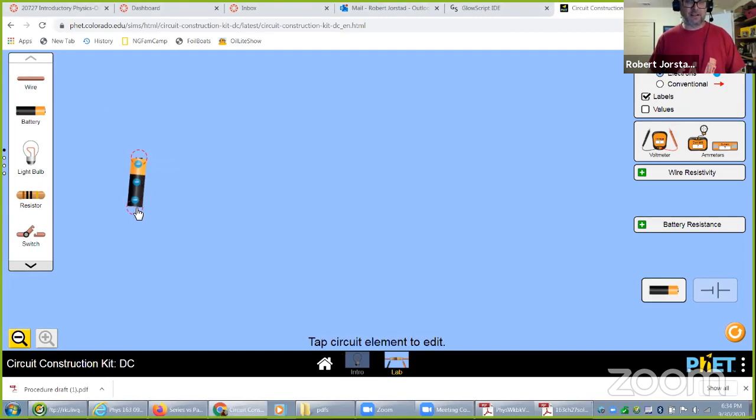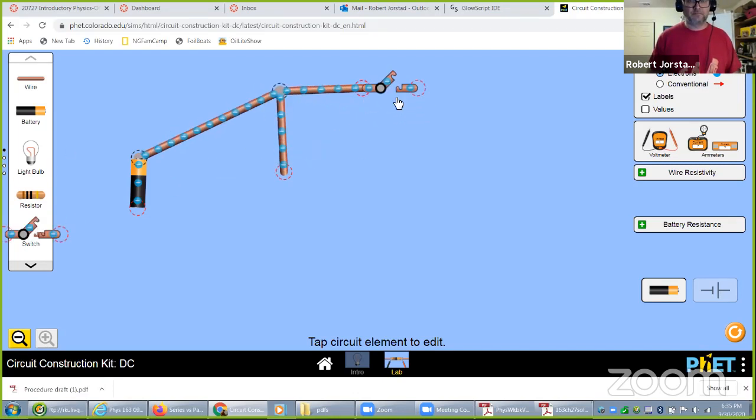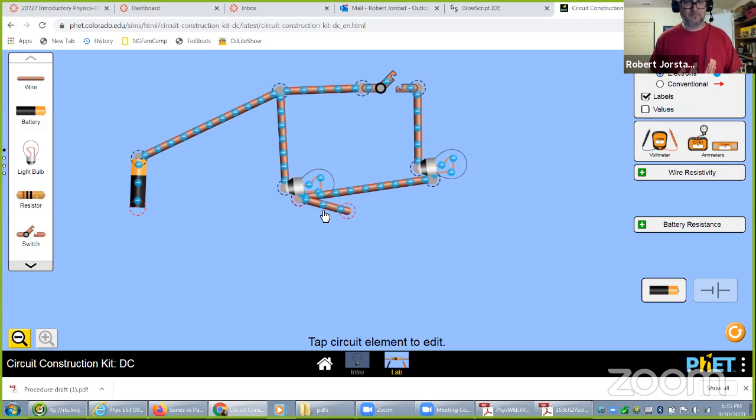And you could build your own circuits like this. It doesn't take too long.